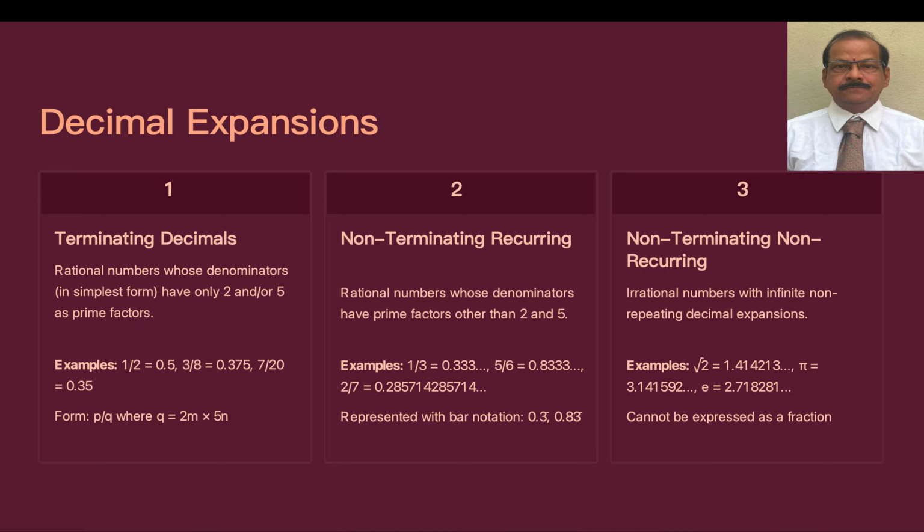Therefore, such numbers cannot be identified to certainty as any expression we can present them with. So it cannot be shown as p by q. Therefore, they come under the irrational category.